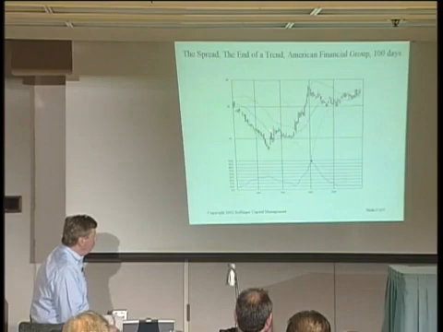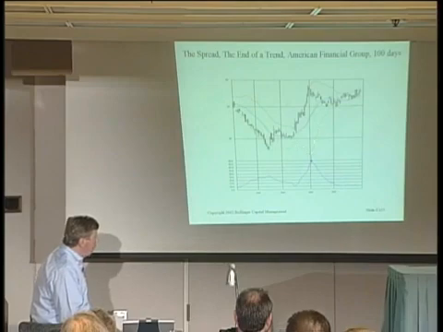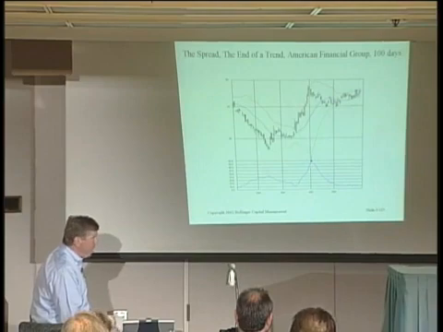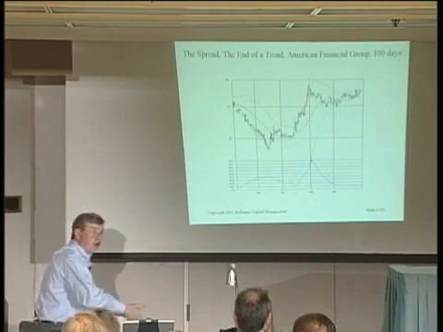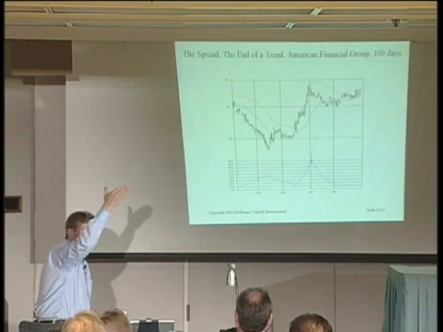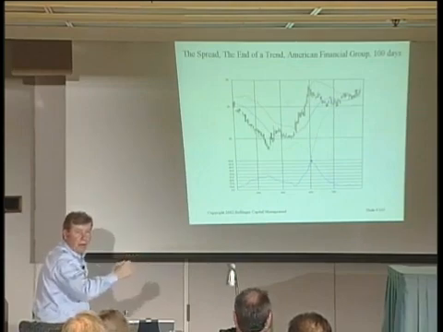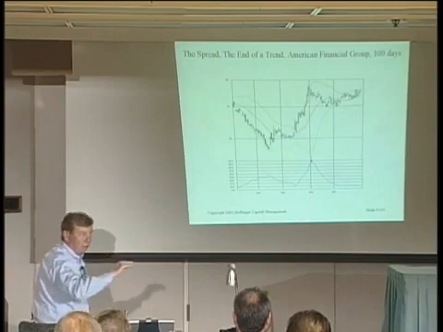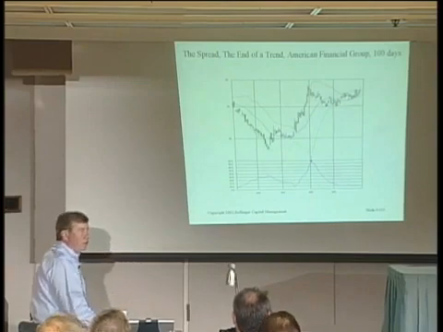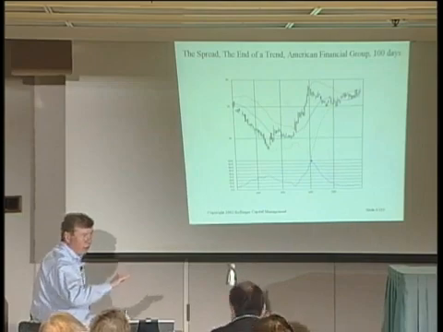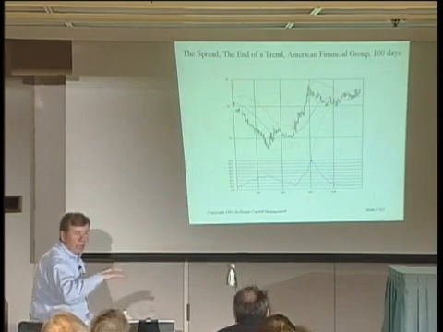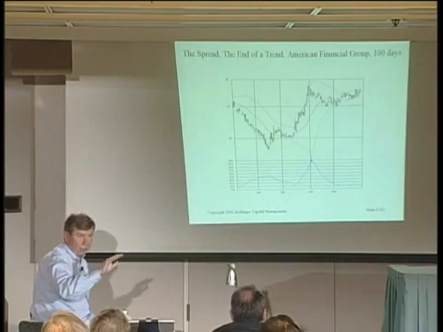You get a bulge after a big primary move where volatility is expanded dramatically. When the band on the opposite direction, the lower band for an up move, the upper band for a down move, turns back and moves in the direction of the trend, that leg is over. It doesn't necessarily mean the trend is over, but that leg is over, and there's most likely either going to be a pullback or a consolidation.